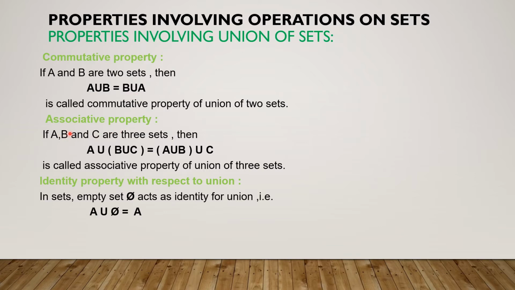The second property of union is associative property. This property holds for three sets. If A, B and C are three sets, then A union (B union C), and here we have small bracket around B union C, and this is equal to (A union B) union C, and on this side, right hand side, we have small bracket around A union B. This small bracket tells us that first find value of B union C, and then with the answer find A union.